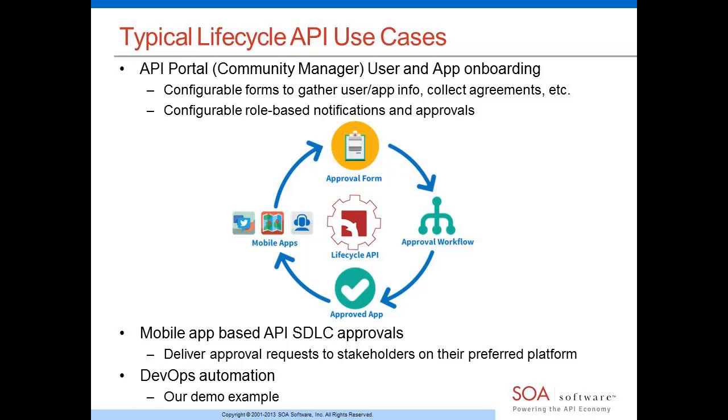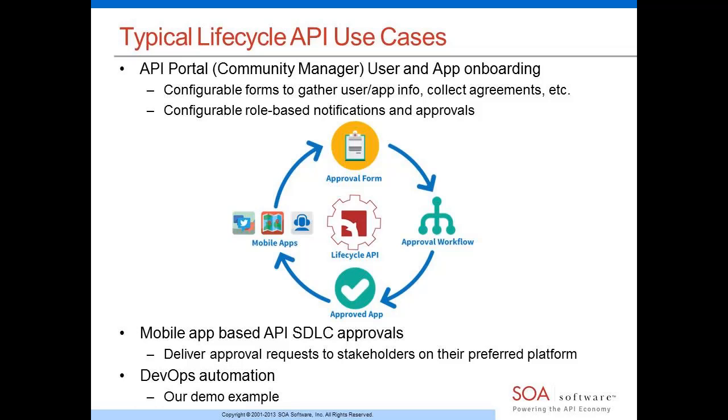Each of those scenarios has different levels of information gathering necessary. So, taking us back to the financial scenario, perhaps you need to gather specific information about the user community that's going to consume your financial API for purposes of reporting.